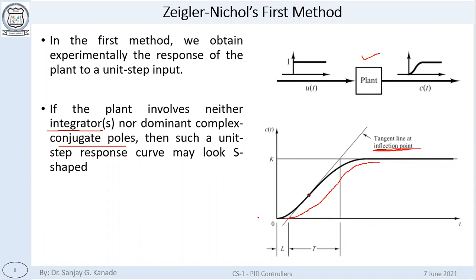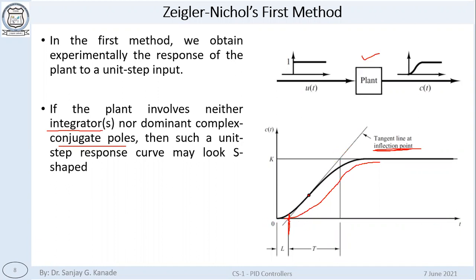Once you draw this tangent, you get two parameters. First parameter is the point where this tangent line intersects the time axis.